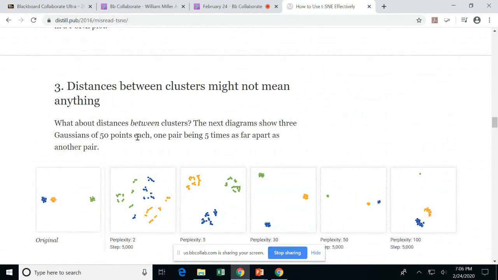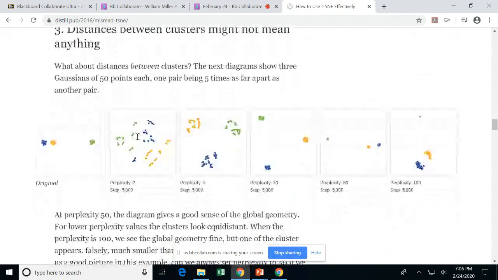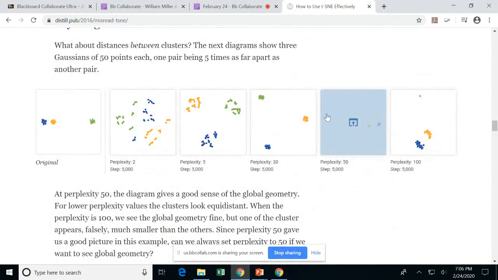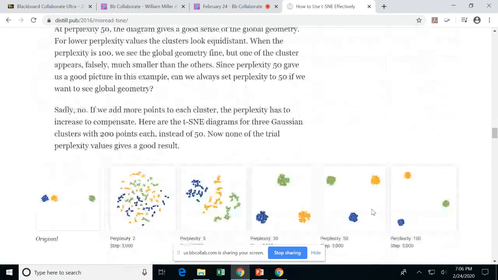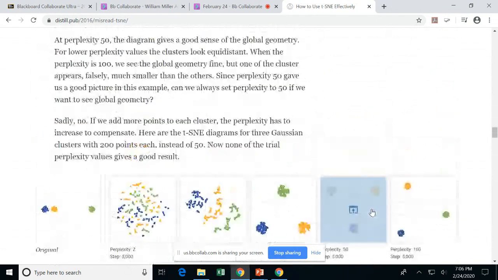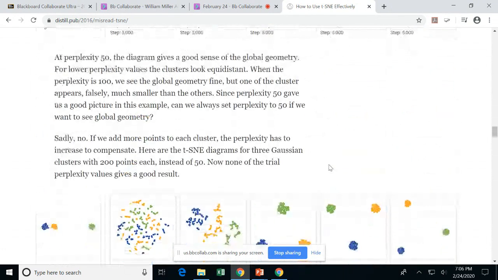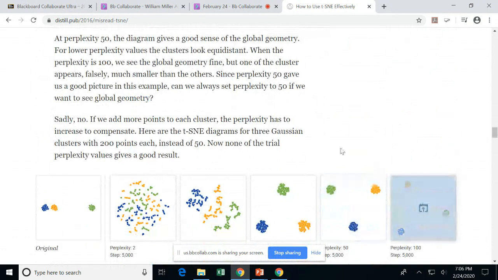Distances between clusters mean nothing. Here's the perplexity, where you can see how the original clusters look. So the green one is further away from the others, but that's not the case all the time. For different perplexities, you see different things. If they add more points, it doesn't do it.